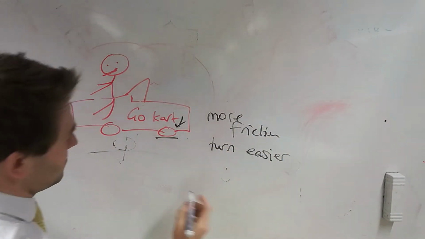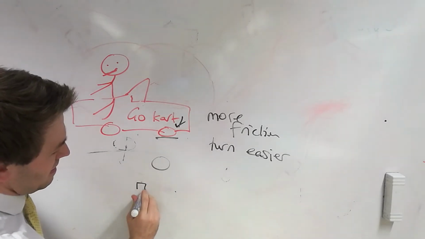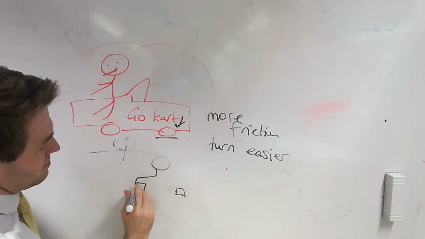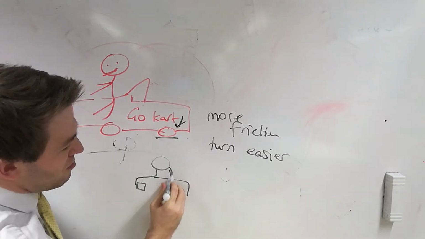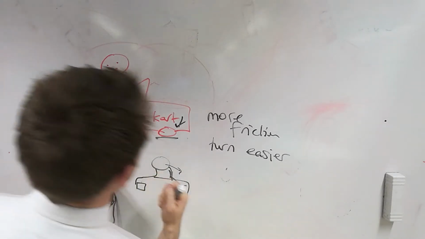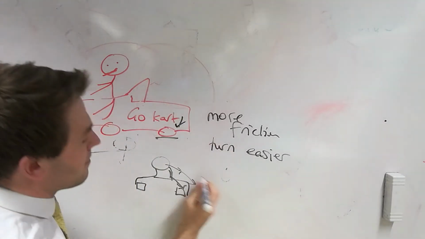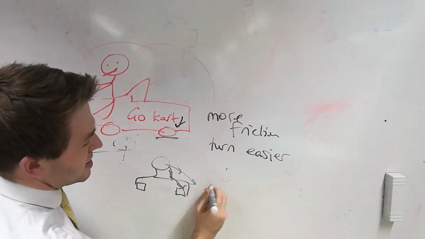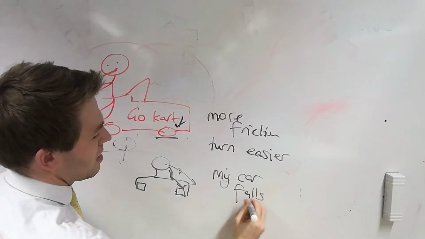But of course, let's do it this way around. So here's my car. Here's my wheels here. You can go too far, you know. I want to put more weight down on this to make more friction. Great. So I lean my body this way, like this. And then I go like this, all the way over here. And then what happens is that my car falls over.